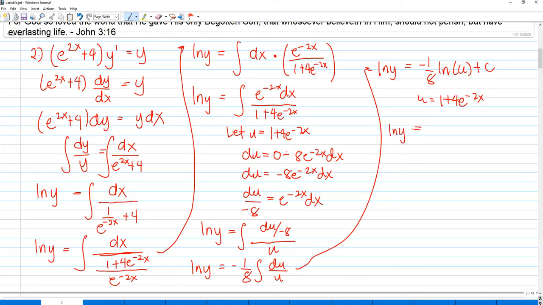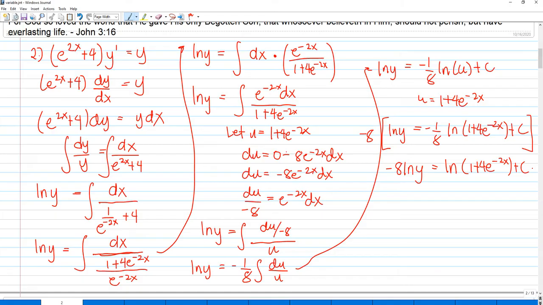So we have ln of y equals negative 1/8 of ln of 1 plus 4e raised to negative 2x plus c. And by properties, we can multiply the whole equation by negative 8. So this becomes negative 8 ln of y equals ln of 1 plus 4e raised to negative 2x plus c.